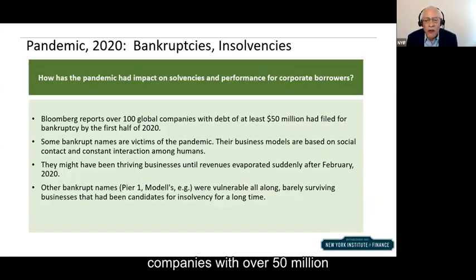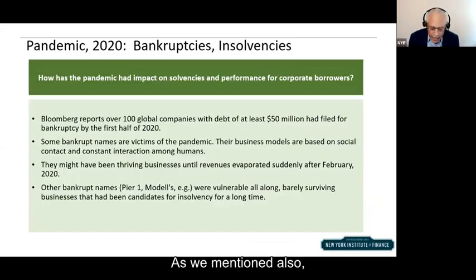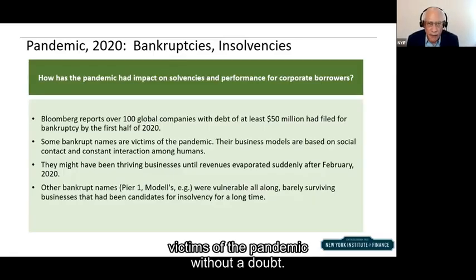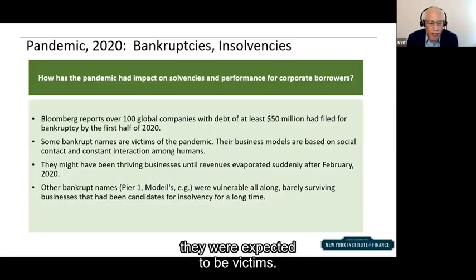As we mentioned also, some bankrupt names were victims of the pandemic without a doubt. That relates to many of the airlines. Some, their business models were based on social contact and constant interaction among humans. They were expected to be victims.